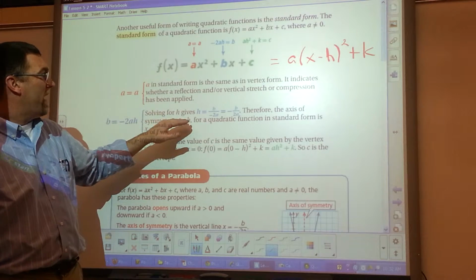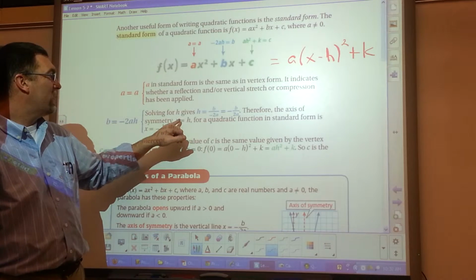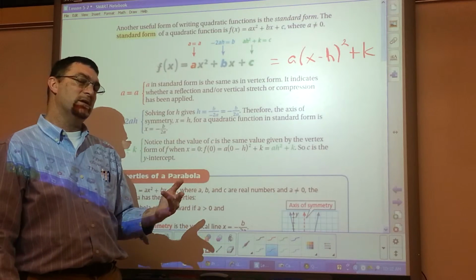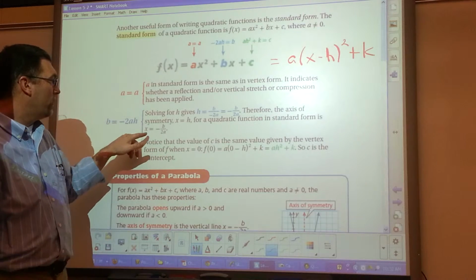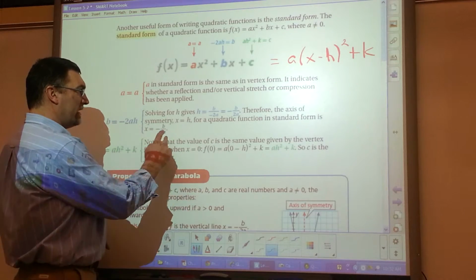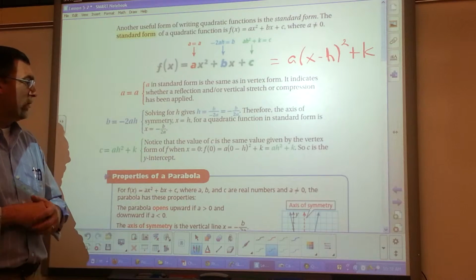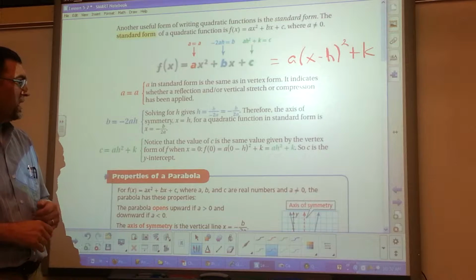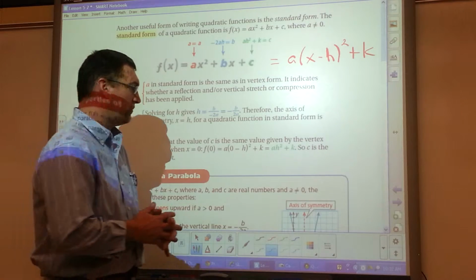So h is equal to negative b over 2a. Since x equals h for the axis of symmetry and the x-coordinate of the vertex, we can find the axis of symmetry and x for the vertex by using negative b over 2a. And then c is just the constant, which is the y-intercept.